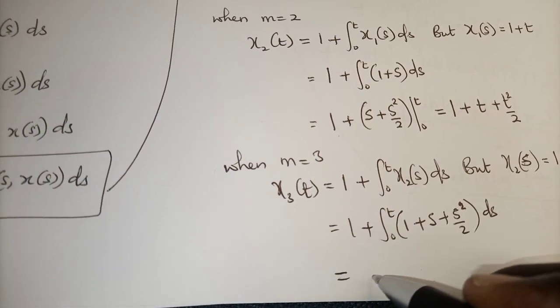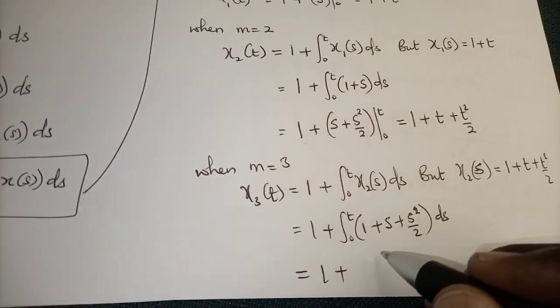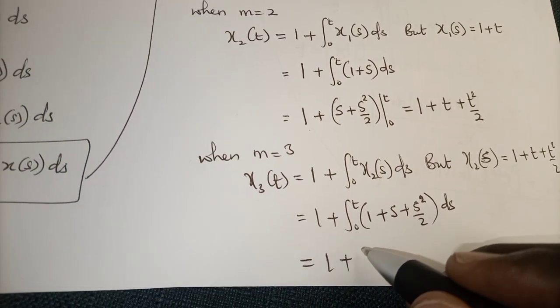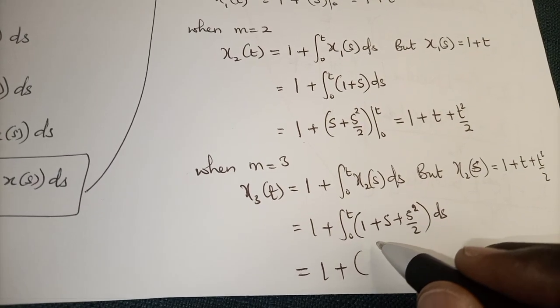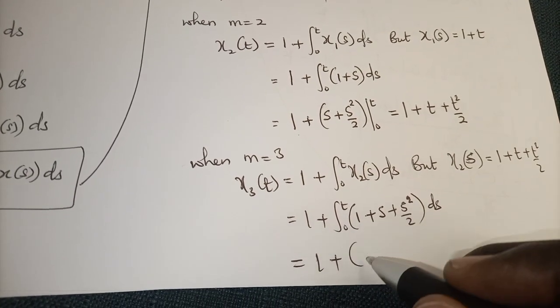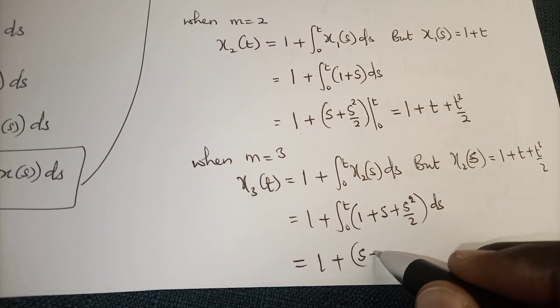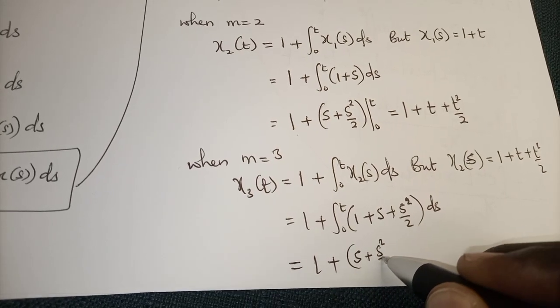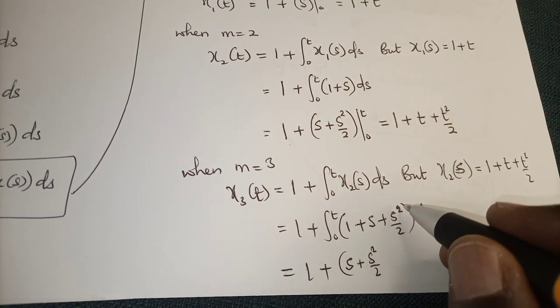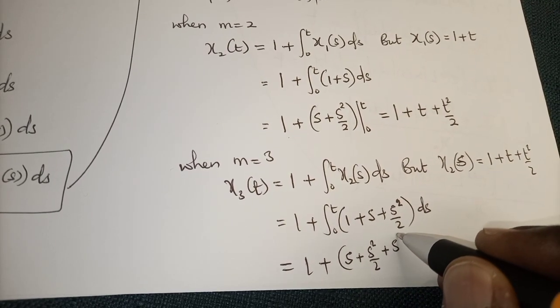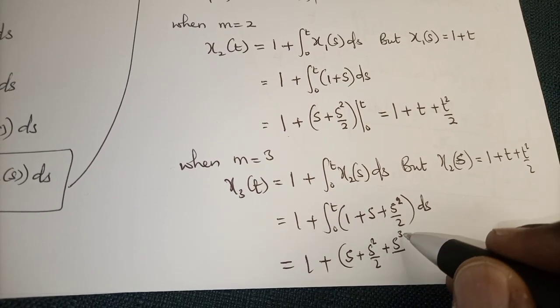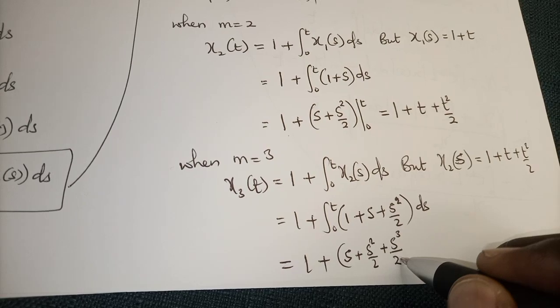So this should equal 1 plus, integrating here, s plus s squared on 2 plus s cubed on 2 times 3.